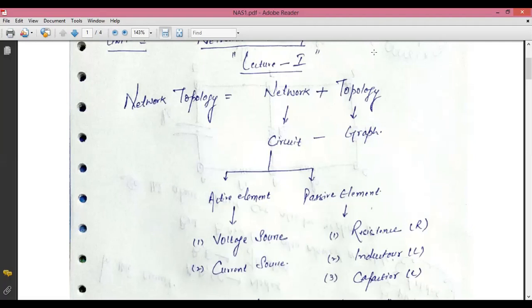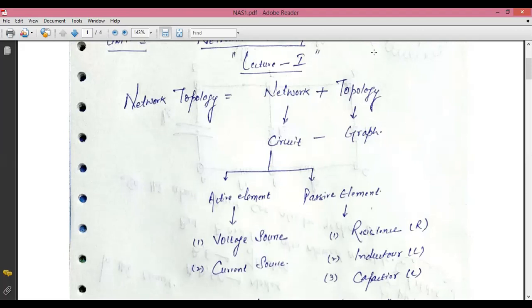Now the question is, what do you mean by active element and what do you mean by passive element? Mind it, active elements are those elements which provide energy to the circuit, whereas passive elements are those elements that can use this energy.